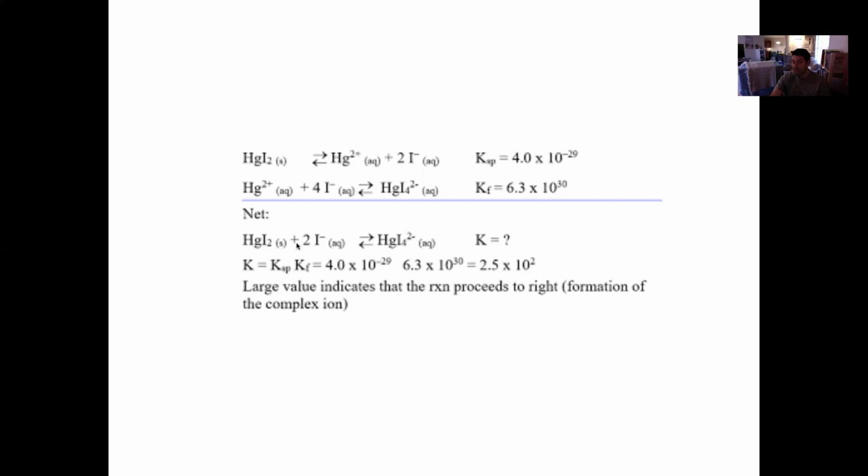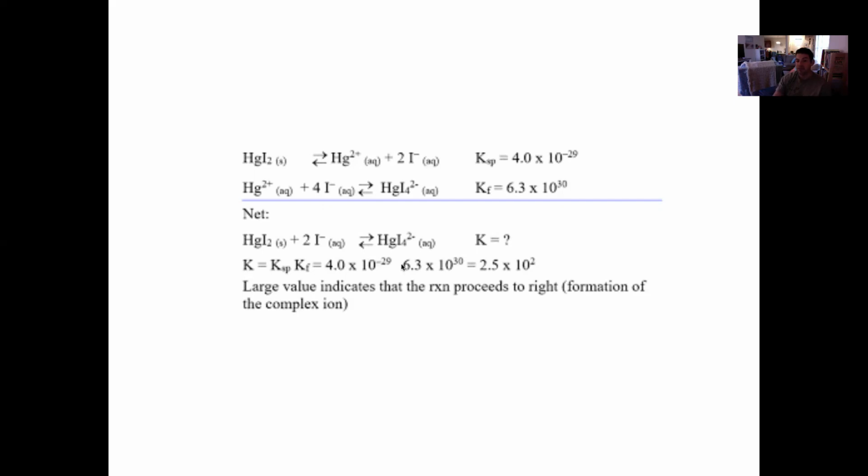So the net, if we were to put both reactions together, all right, we would cross out some of the iodides. We would get HgI2 solid plus 2 iodide forms HgI4 2-. So what is the K equal to? Well, when we're looking at a solid that can form a complex ion, the K is the Ksp times the Kf.